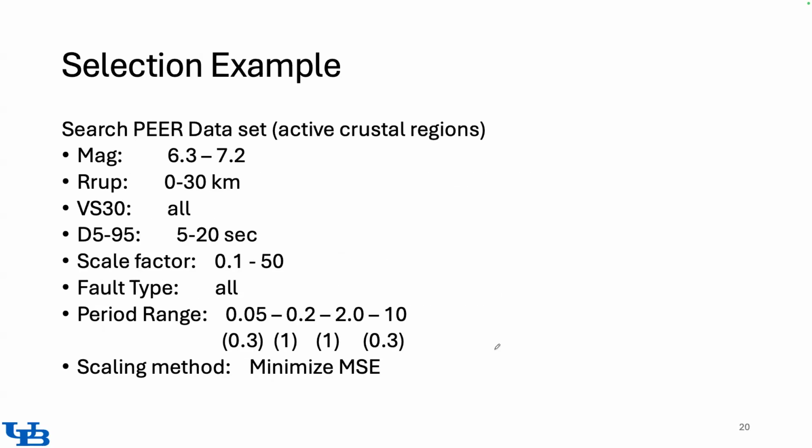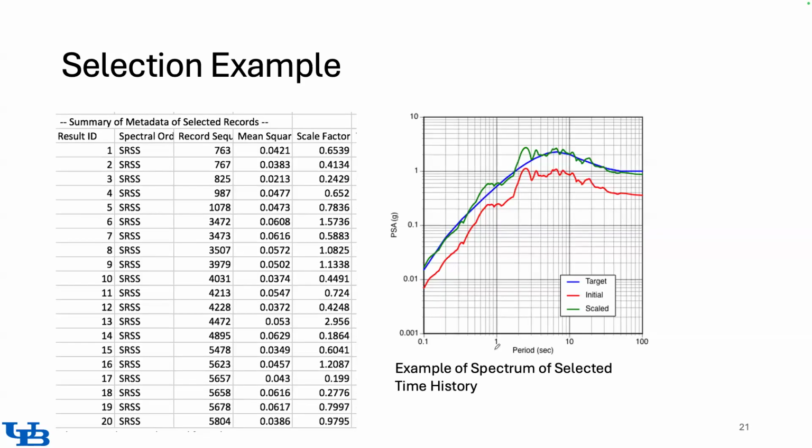So to show that, imagine again we have some scenario for which we are fitting, and we get the time history that we have selected relative to our target spectrum.